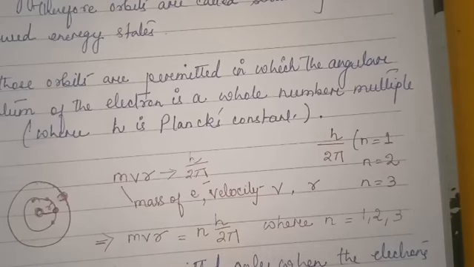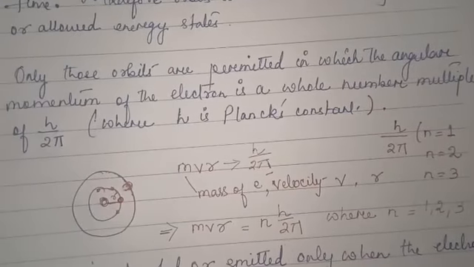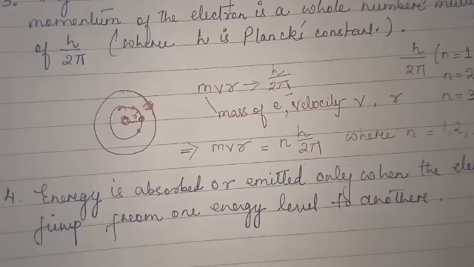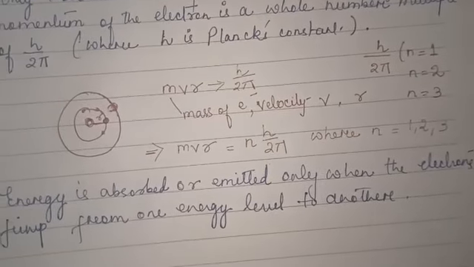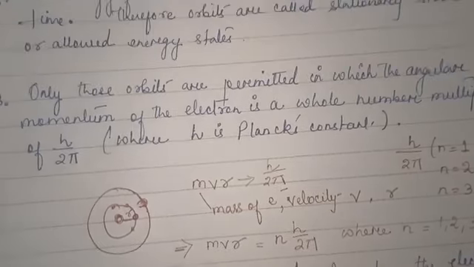This is the third postulate, and there is also a fourth postulate which says that energy is absorbed or emitted only when the electrons jump from one energy level to another. This is very easy.